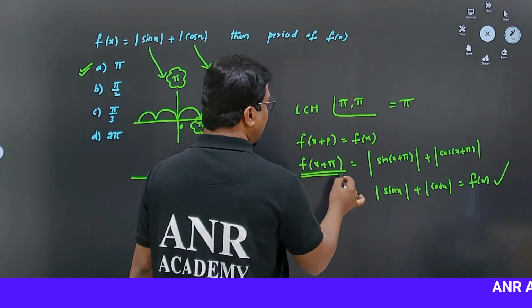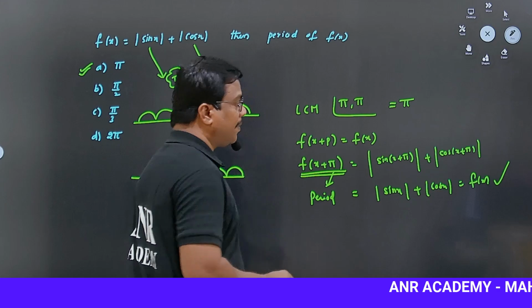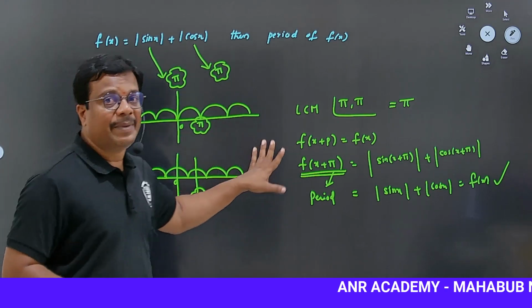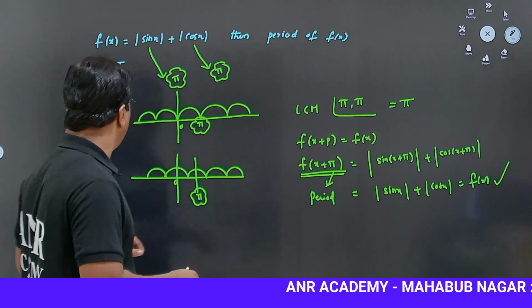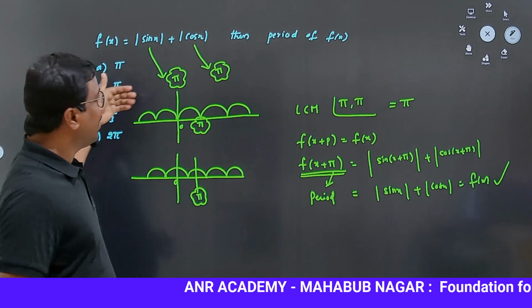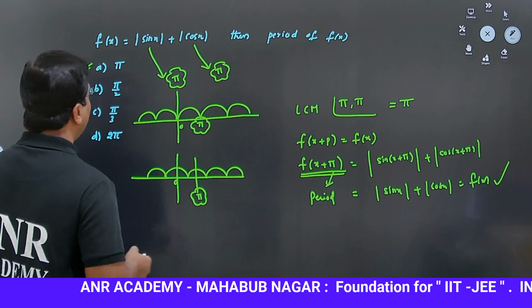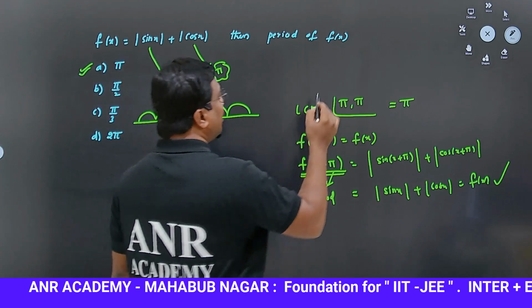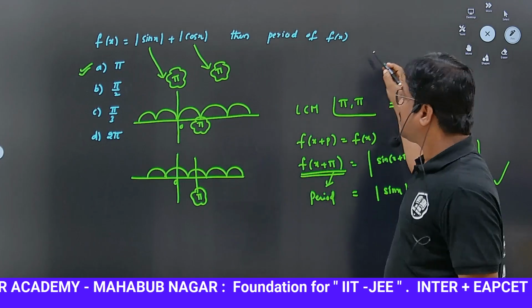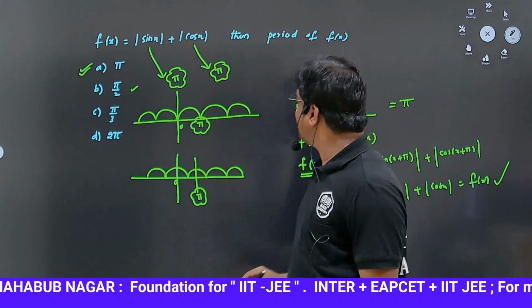I can say that here pi is a period, but may or may not be the fundamental period, remember. So due to that reason, we have to cross-check the least value, and I am going to cross-check whether pi by 2 is the fundamental period or not.